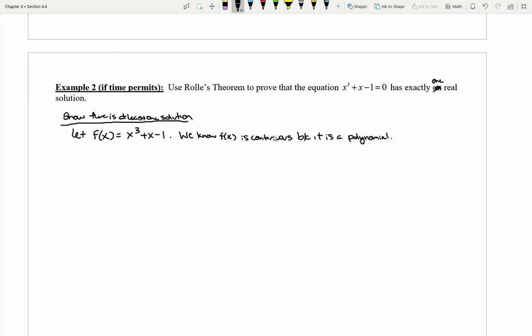I'm also going to note the following. If I go to my function f and plug in 0, I get negative 1. And if I plug 1 into my function, notice I get 1 plus 1 minus 1, and I get positive 1.